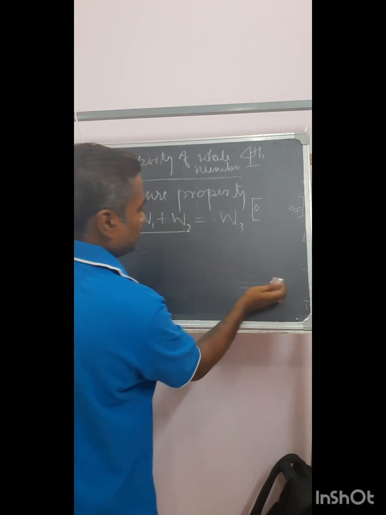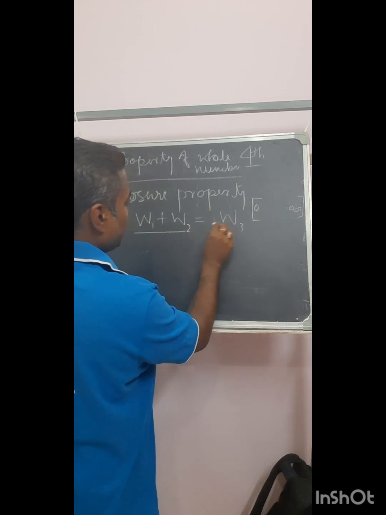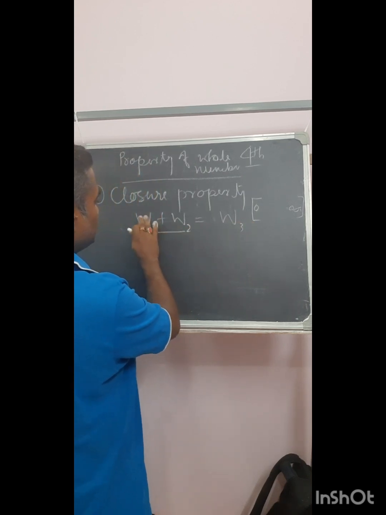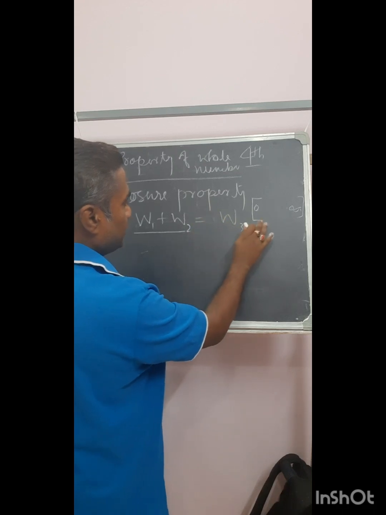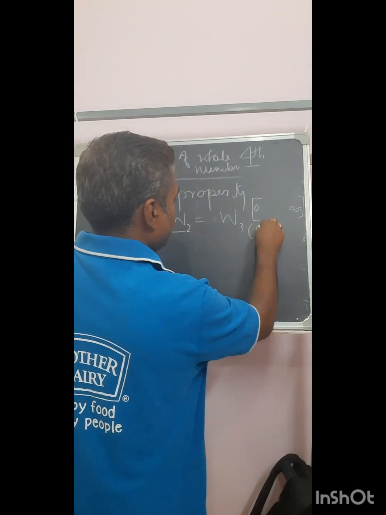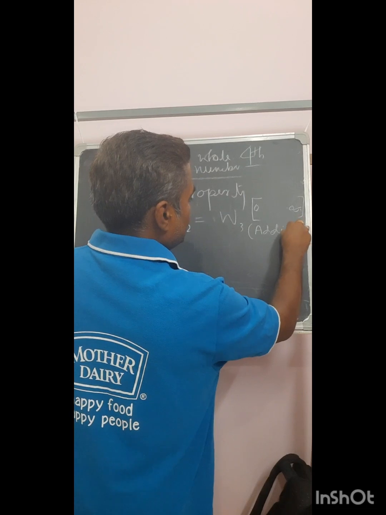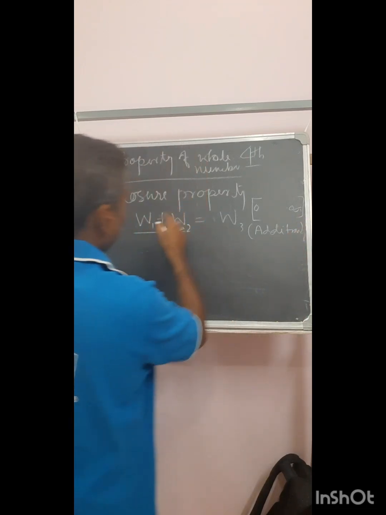For any two whole numbers added together, I get another whole number. So addition follows the closure rule for whole numbers.